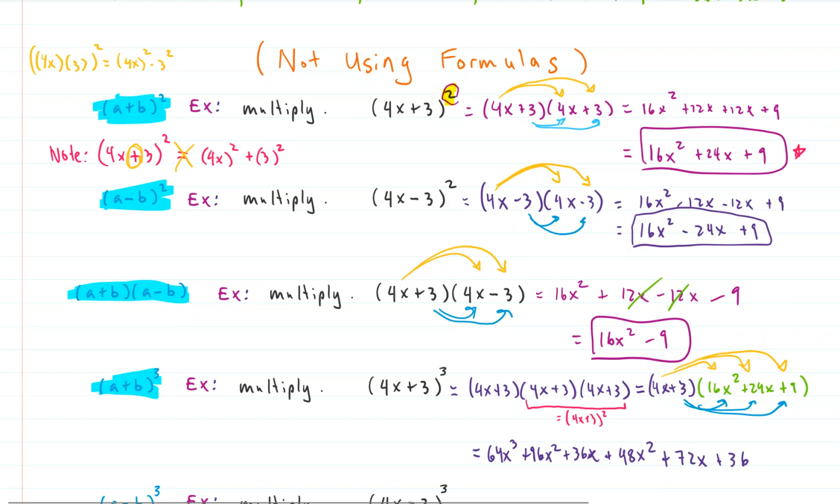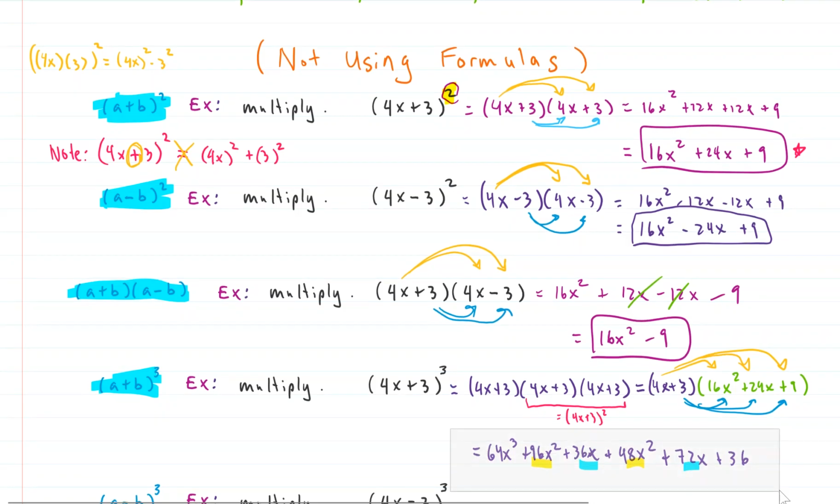We can combine some stuff here. We can combine the x squareds because there's 96 here and 48 here. And we can combine the x's because we have 36 and 72, which gives us 108x. So let's do a little combining, and then we are done.